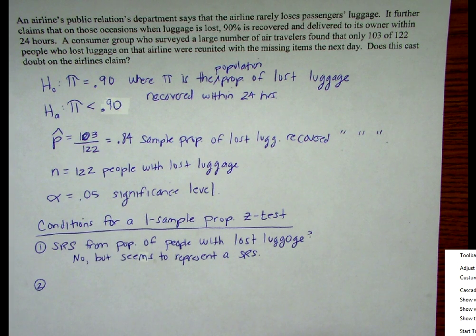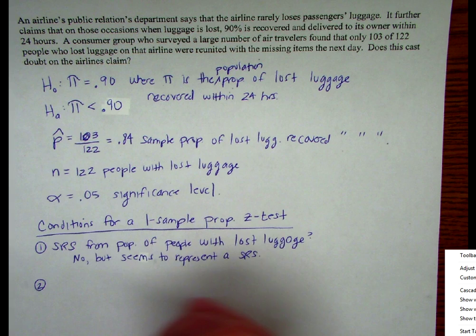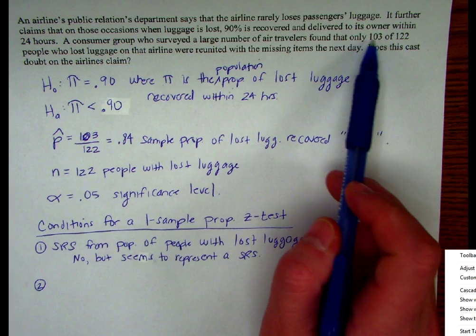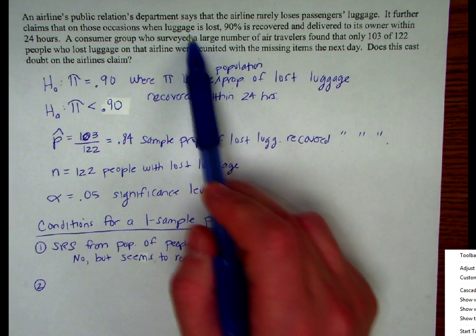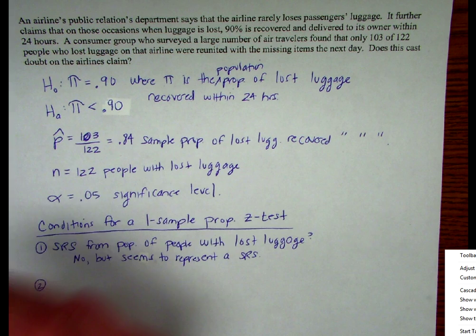because we are sampling without replacement, we have to check, is the population greater than 10 times n? This is something that's going to come up whenever you are sampling. So, they did take a large number of air travelers. They're sampling from the entire population of air travelers.